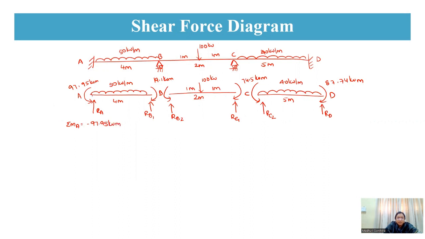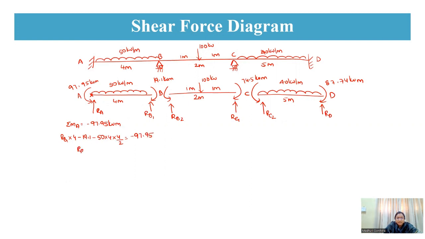So now what I'm going to write is RB1 into 4, minus 19.1, that is the moment at this point, minus 50 into 4 into 4 by 2 will be equal to minus 97.95.